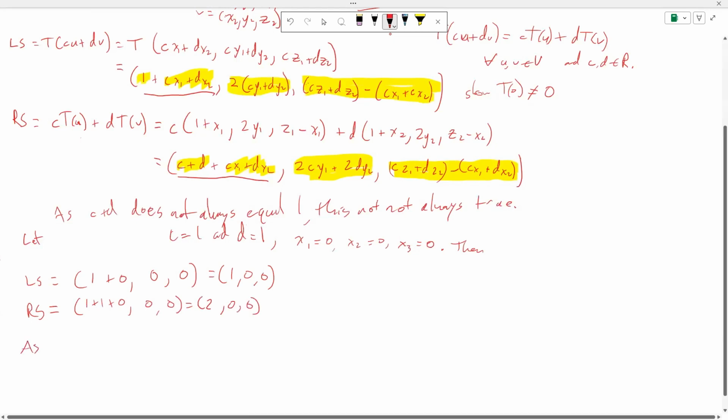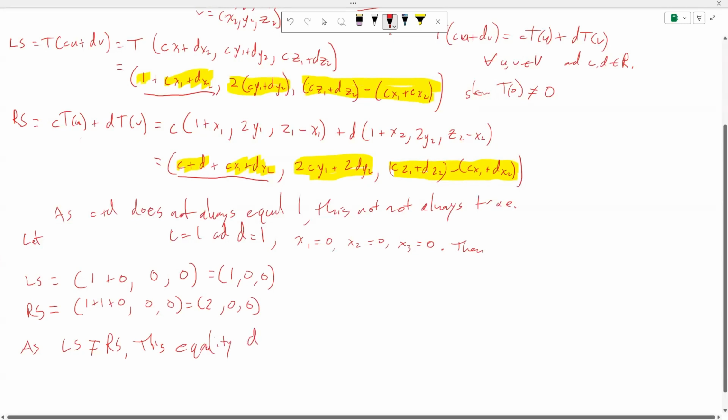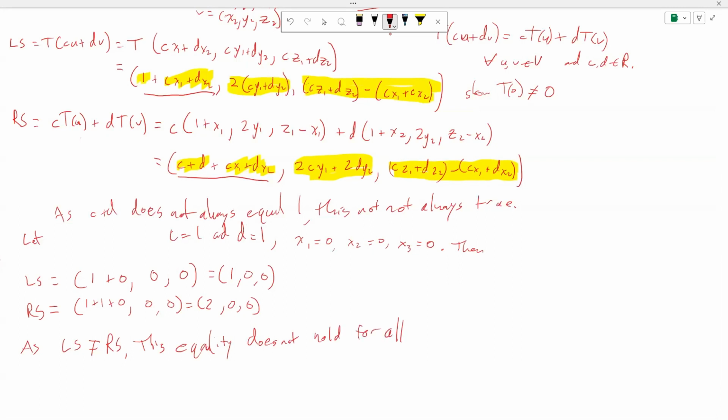And now, as the left side does not equal the right side, this equality does not hold for all x, y in R3 and c, d in R. What I did is I looked at whether it could be true, expanded out and figured out what the left-hand side and right-hand side are, compared them, and figured out where they're the same and where they're different. Then I came up with a specific example to show that they're different.